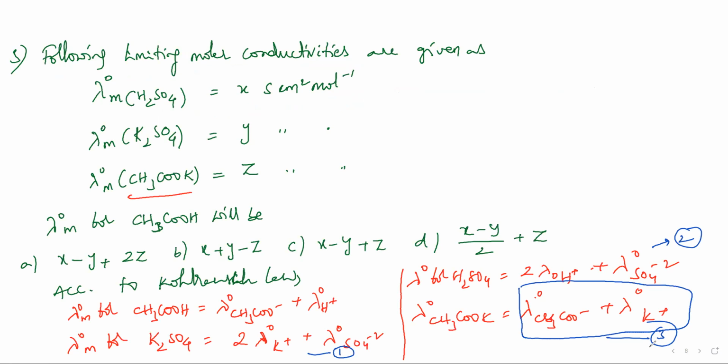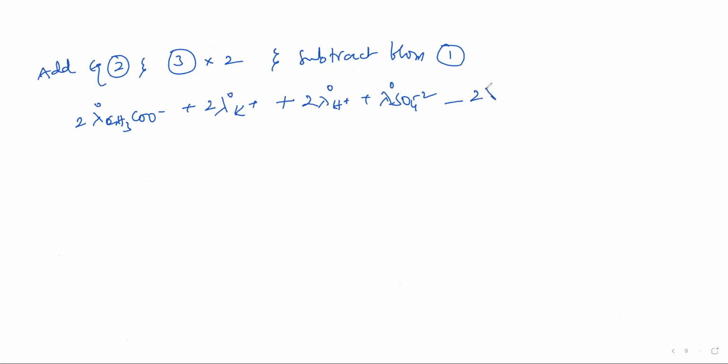That is lambda naught K plus 2 into, and this is also minus lambda naught SO4 minus 2.